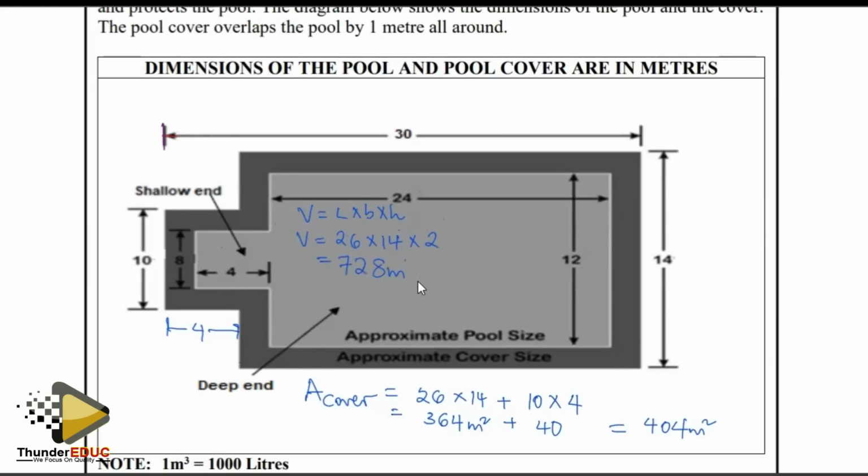These are meters cubed. Put it aside. Then the shallow one, we can say it's 8 times 4 times 1, which is 32 meters also cube. And when you add them up, you get 7.